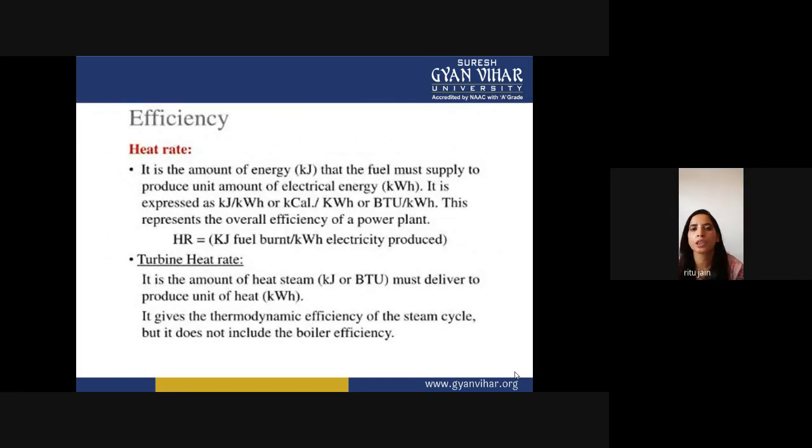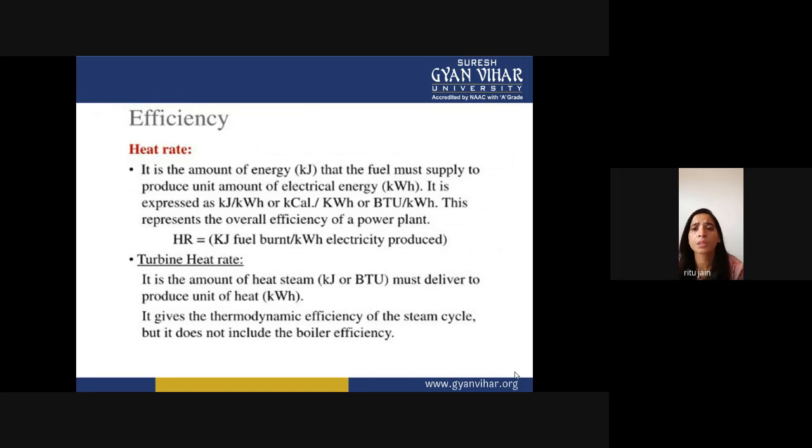Now we come to the next point, that is efficiency. If you are installing a power plant, obviously you have to find out whether this power plant is working efficiently or not. So for this, you have to calculate the efficiency of the power plant. There are a few calculations which are used to find out the efficiency of a power plant.